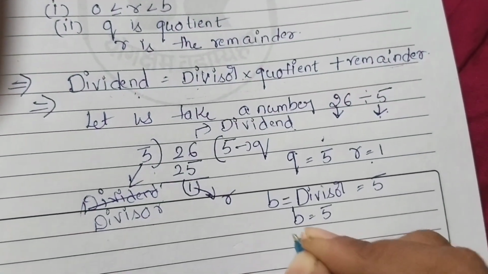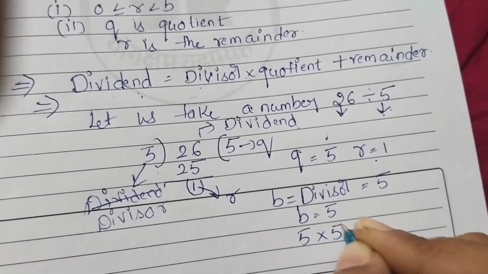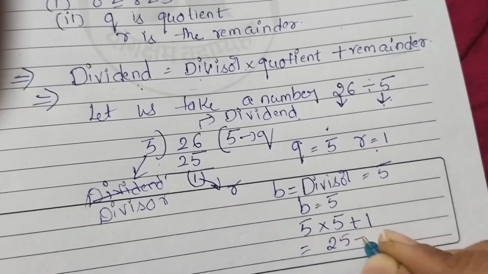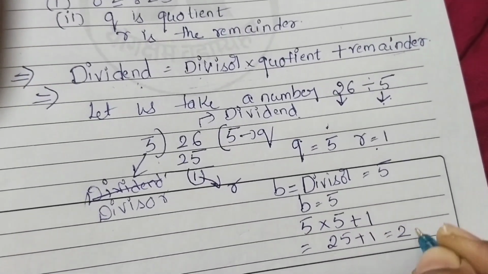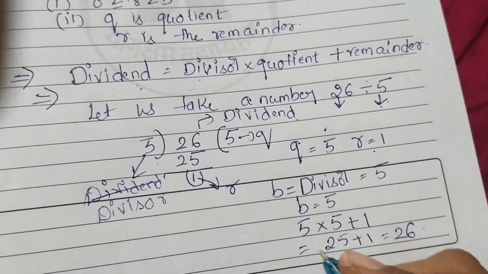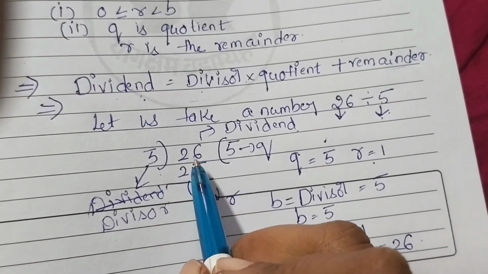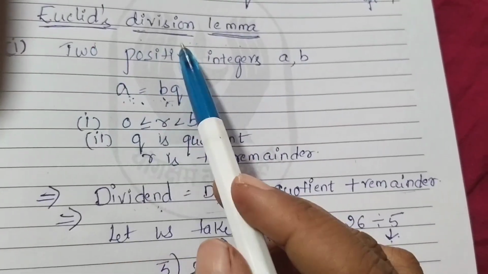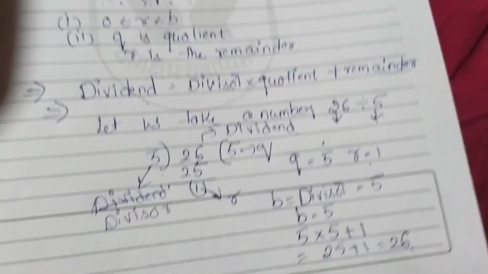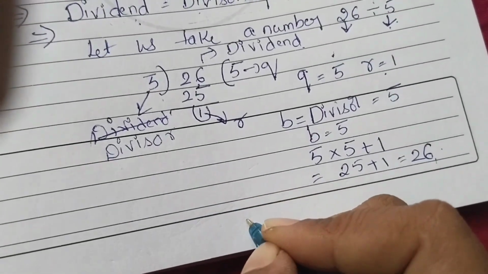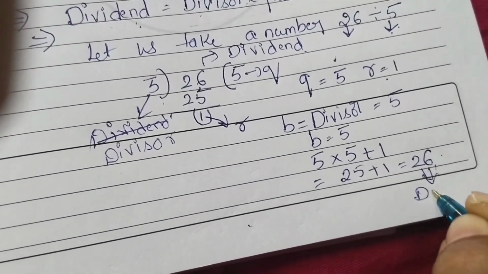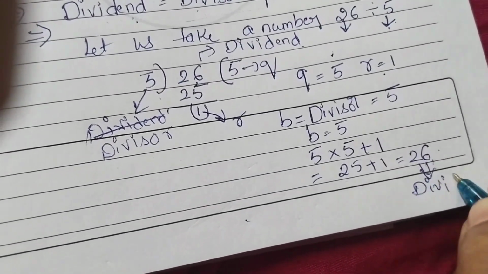So 5 into 5 plus 1, that is 25 plus 1, which is 26. What is the dividend here? 26. Hence, our Euclid's division lemma is verified. Very simple.